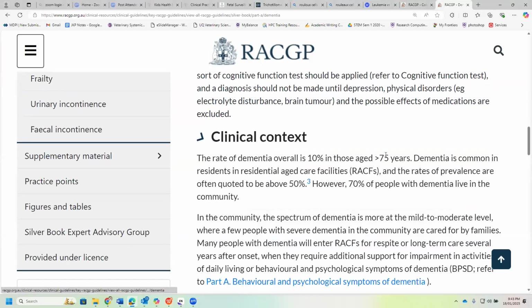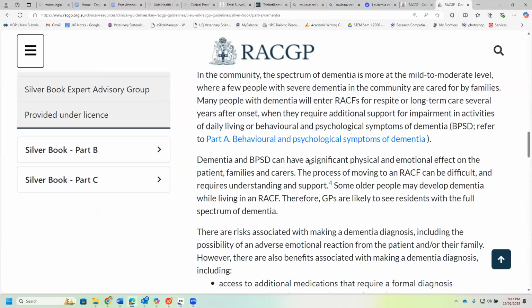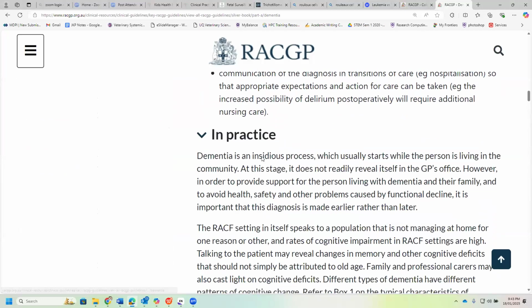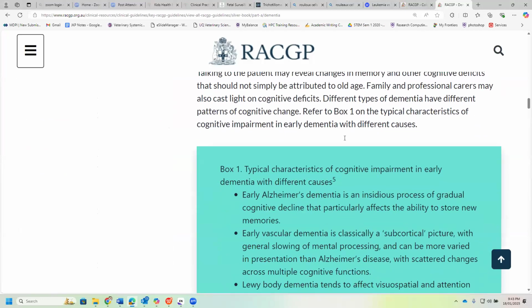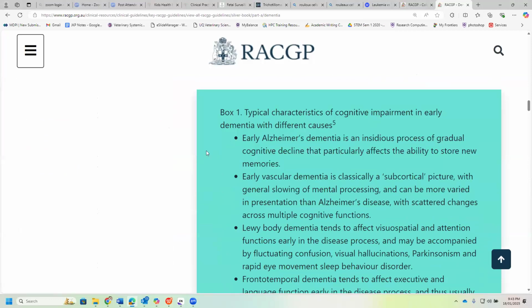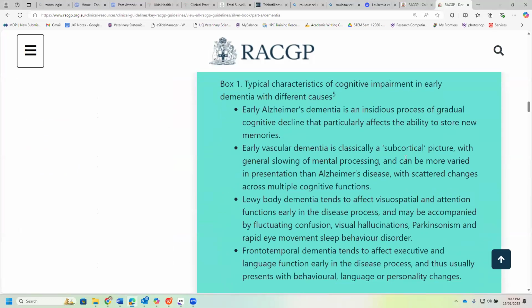Let's go towards the clinical context. I'll have information about different types. Okay. Alzheimer: gradual decline in cognition, especially the ability to store new memories. Vascular dementia is slowing of the mental process, and there are scattered changes among the cognitive functions.